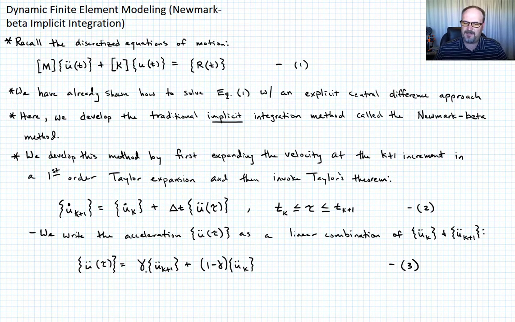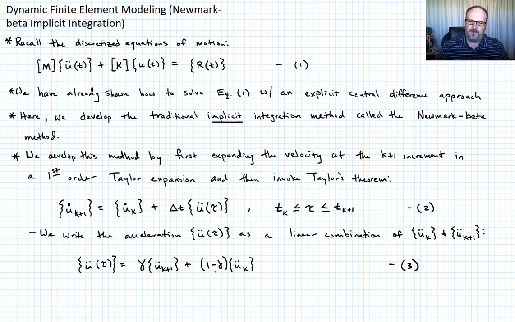You can see what's happening. Gamma is just controlling the weighting. If gamma is 0, then we're in a fully explicit form where we only care about the previous acceleration. If gamma is equal to 1, then we're saying that u double dot is whatever the value is at the increment we care about.